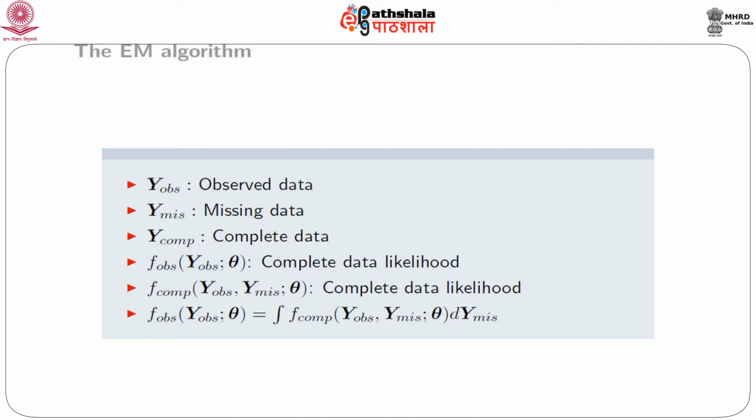The observed data likelihood we can write as f observed of Y observed and theta, where theta is the set of parameters that needs to be estimated. The complete data likelihood is f complete of Y observed, Y miss, that is Y complete, and theta. Now, note that f observed, the observed data likelihood, can be obtained by integrating out the complete data likelihood over the missing data.